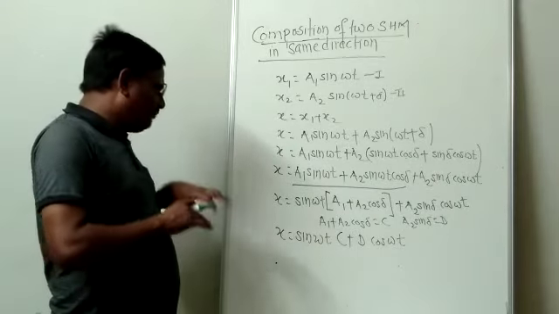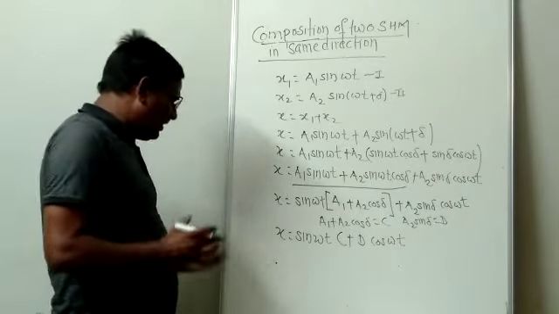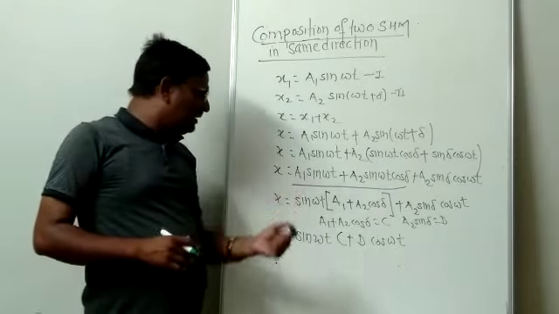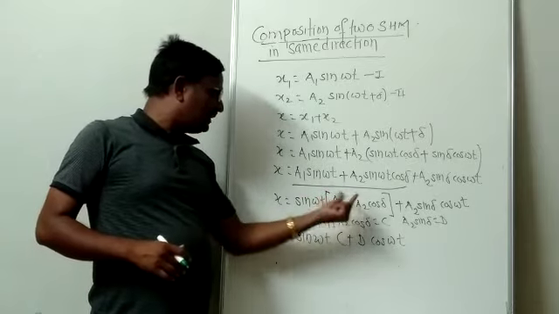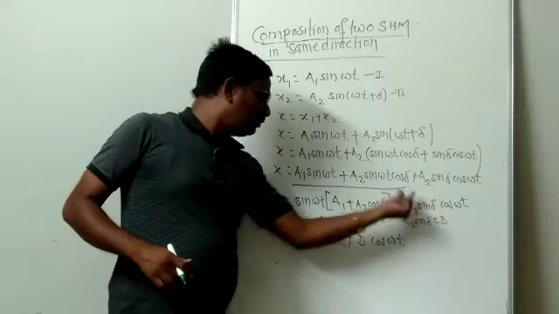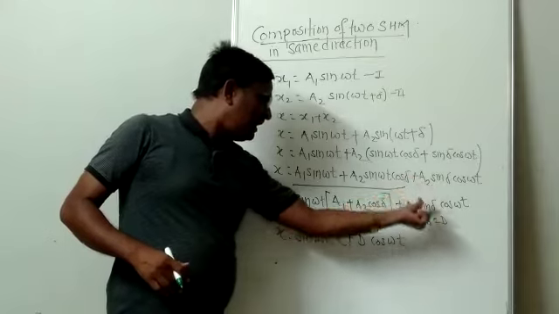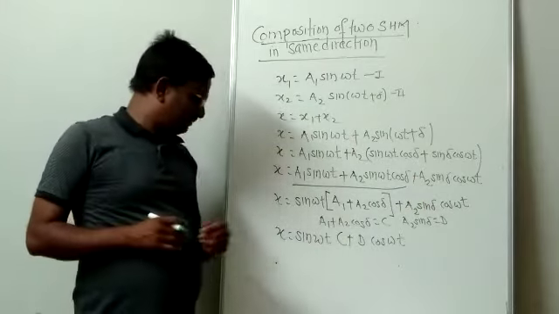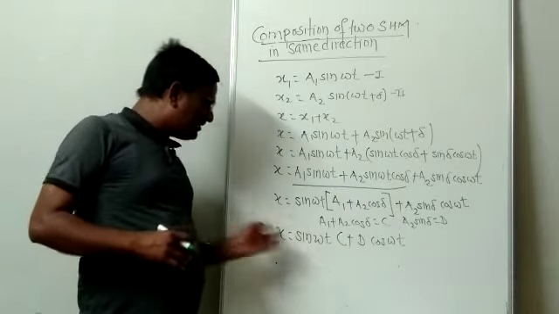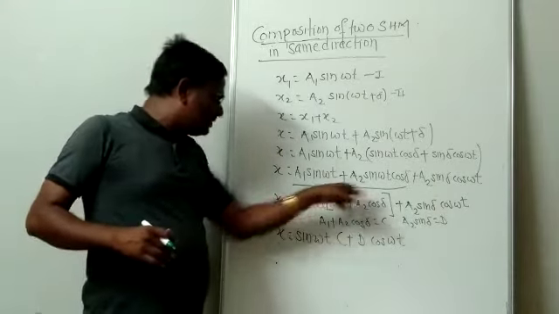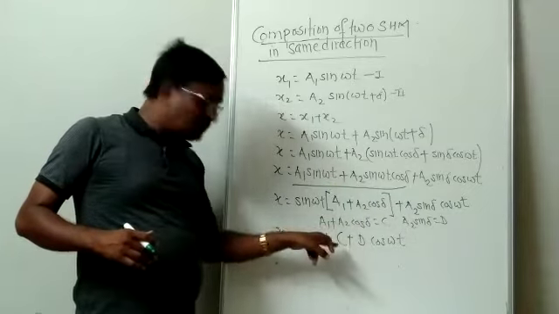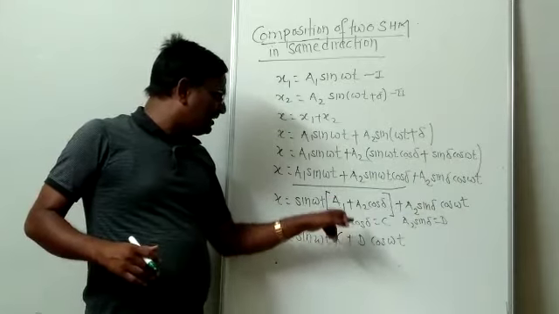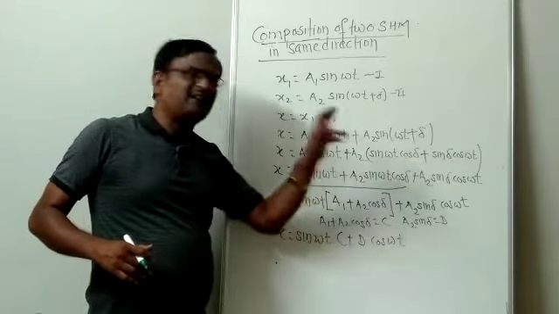Now I am going to do some arrangement in this equation. Instead of this bracket, I have taken capital C, and instead of A2 sin delta, I have taken capital D. There is no effect on the equation. So the equation becomes x is equal to sin omega t as it is, C, plus D cos omega t.